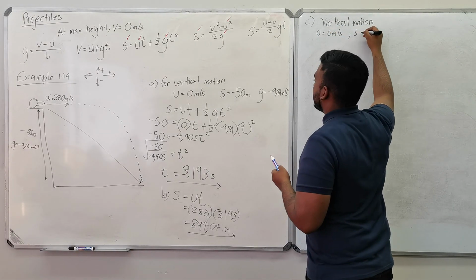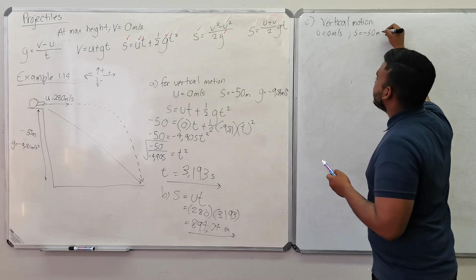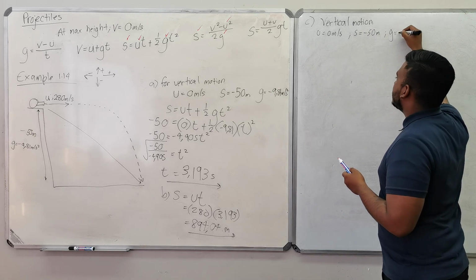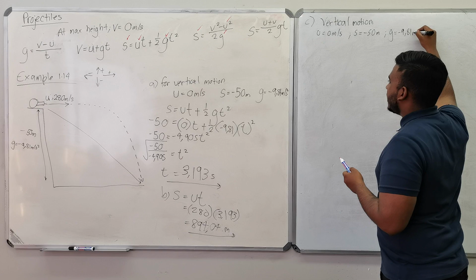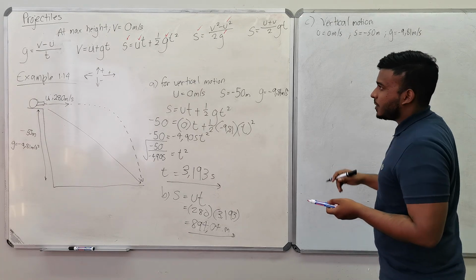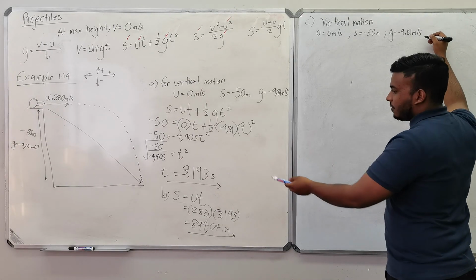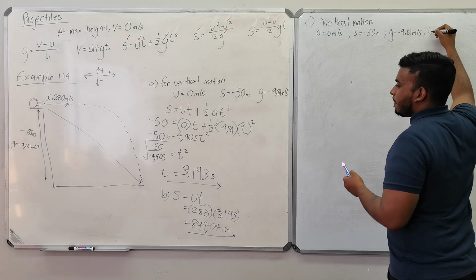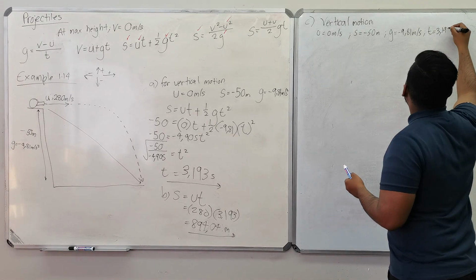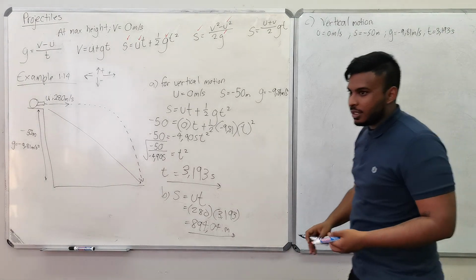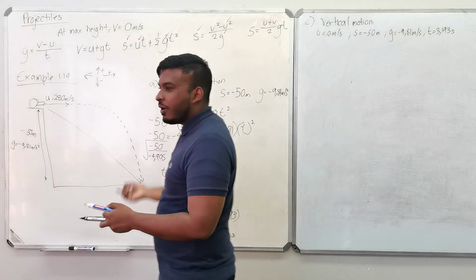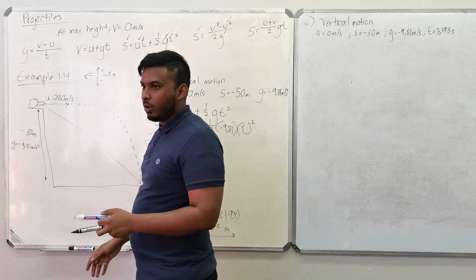We know displacement is equal to minus 50. Gravity is equal to minus 9.81 meters per second squared. And we know time now because of that. Time is 3.193 seconds. We want to work out the final velocity of the vertical component.